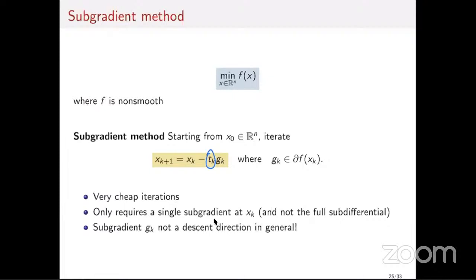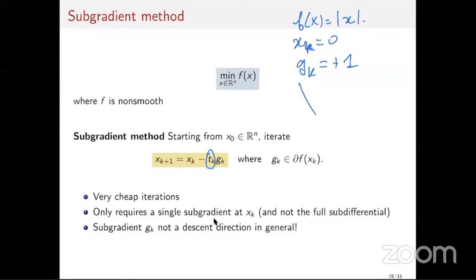So let's say, for example, that your function f is the absolute value. Okay, and let's say that you happen to be at the origin, xk is equal to 0. But you happen to take a bad subgradient, so you take gk, let's say, equal to plus 1. Which we saw is a valid subgradient of f at the origin.